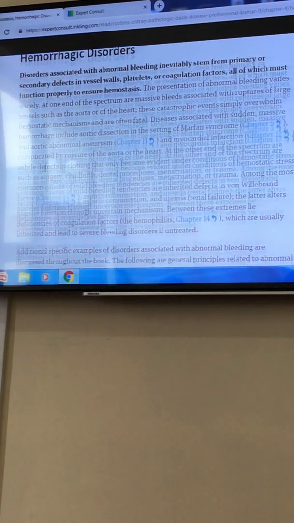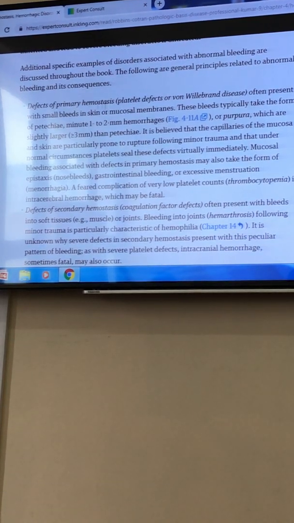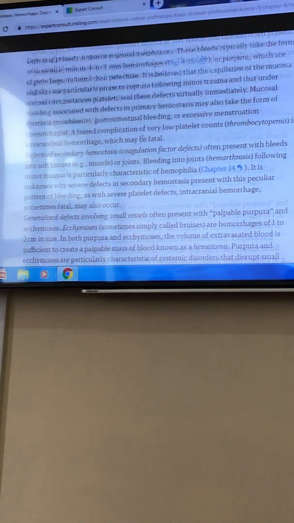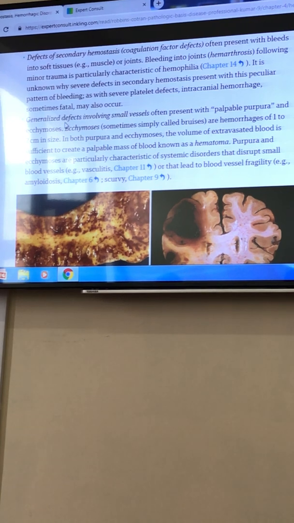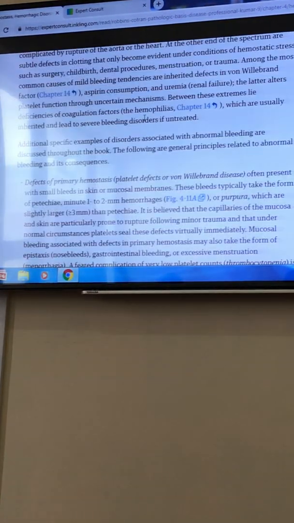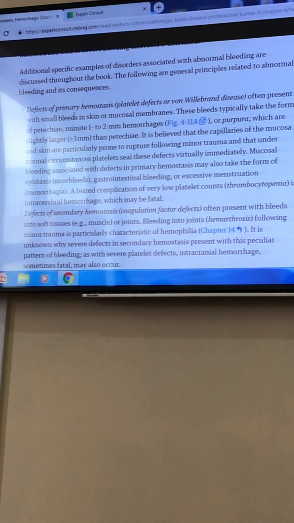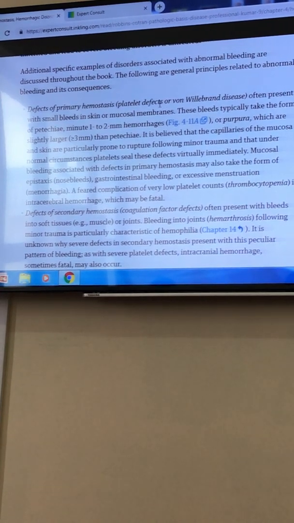So hemorrhagic disorders are divided into defects of primary hemostasis, defects of secondary hemostasis, and generalized defects that involve small vessels. Defects of primary hemostasis means whatever we have in primary hemostasis, including platelets and von Willebrand factor, but not coagulation factors.